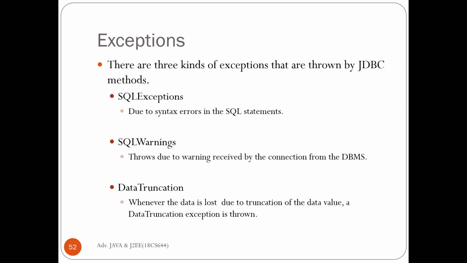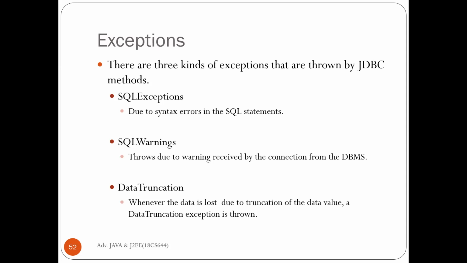Due to connection failure, or the data is too large to fit, or a connection timeout has occurred. In these cases, this data truncation exception can be raised. Okay, so this is about the exceptions we have in JDBC.